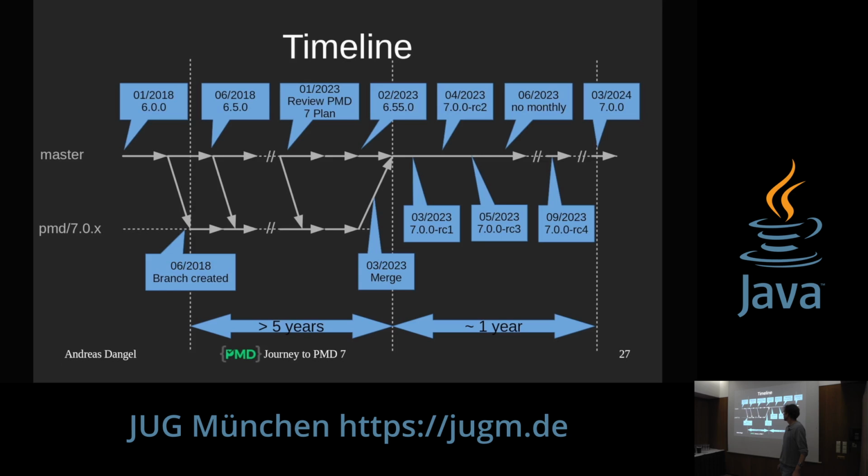And at some point last year, I said, we need to do something, this could go on forever. So I started to look at what is really necessary for PMD 7 and created basically a new plan of what is still left to do, and then we merged the branch back to the main branch, but still then it took another year to actually finalize it.